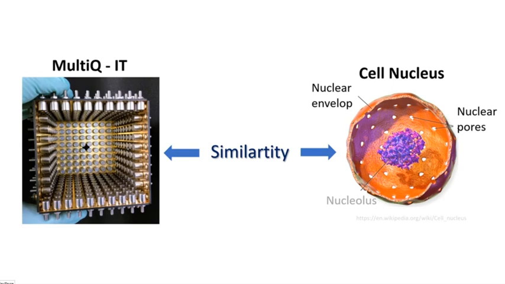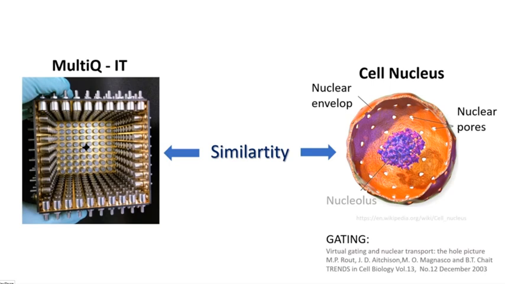And you could imagine that this shuttling has to be fast enough to provide for the need for the cell to act properly. The mechanism of gating of these molecules at nuclear pores was proposed about 16 years ago by Brian Chait and co-workers, and it has entropic nature.